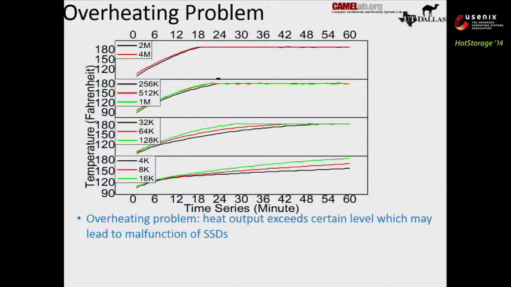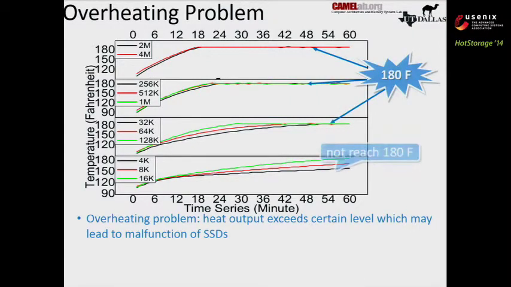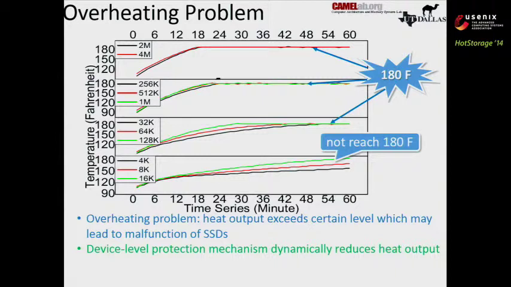These figures show the time series analysis of temperature. We separate it into 4 graphs, depending on different data size. We can easily find out from the figure, as the temperature reaches 180 degrees, the device level protection mechanism dynamically reduces the heat output to prevent the SSD from overheating.